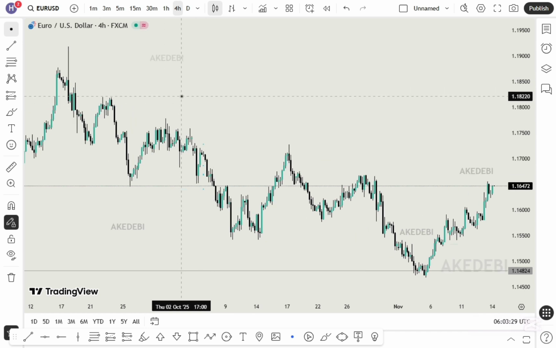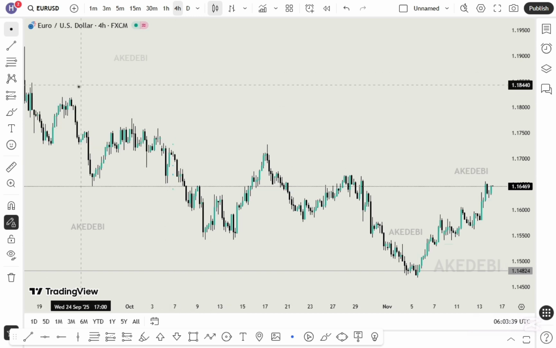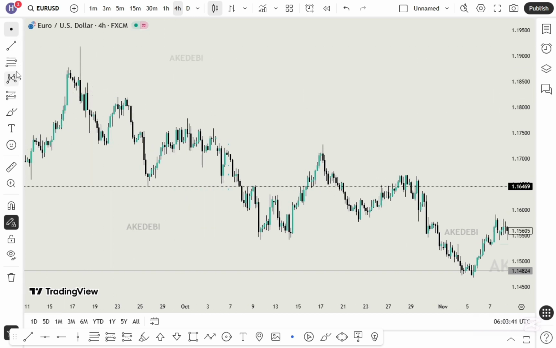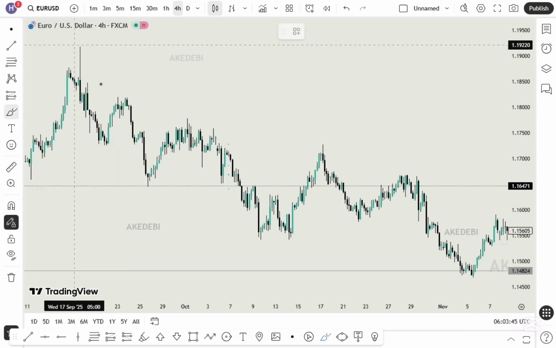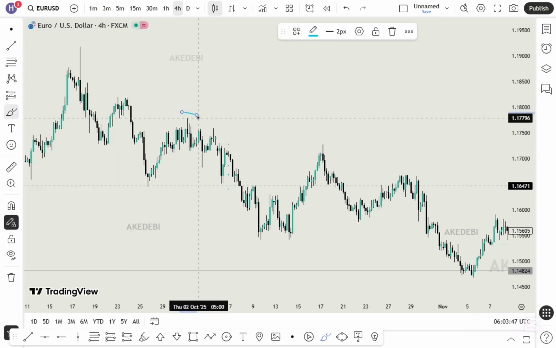Whenever liquidity is being stripped out, there is always a probability of reversal that we have here. Now, if you take a look at this point, we have liquidity here. What do we mean by liquidity?